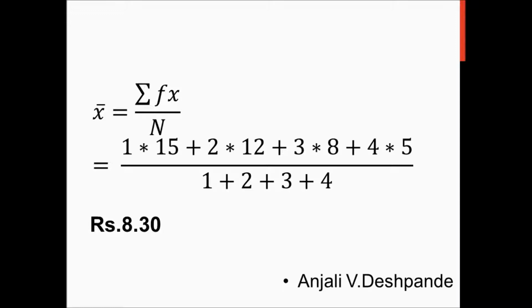So the average price of the resultant compound should be 8.30 rupees for 100 grams. So what we have done so far is the calculation of the arithmetic mean for ungrouped data.